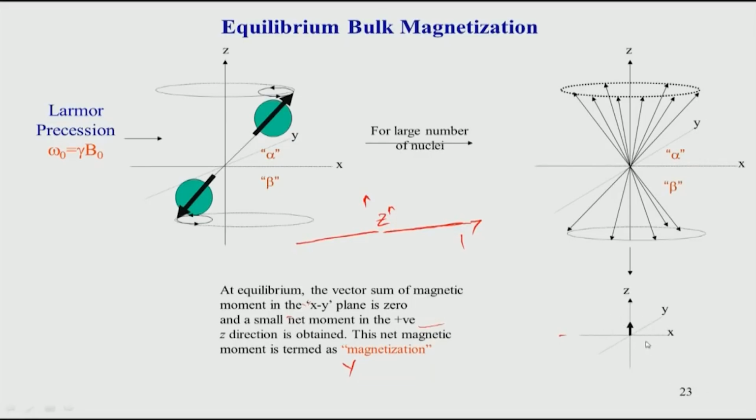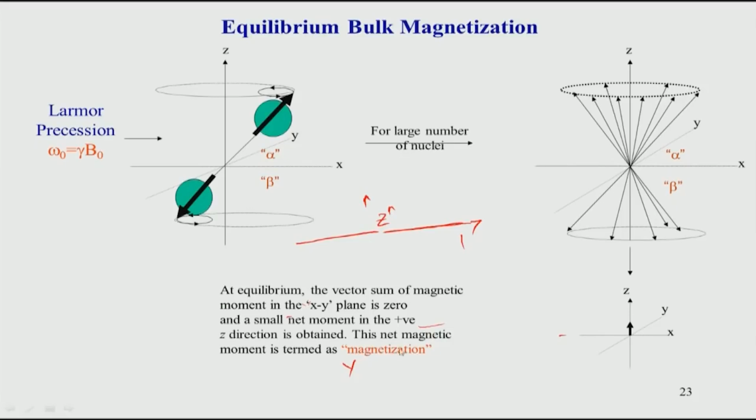The positive z values from the alpha spins cancel with whatever was in the beta, but these are not equal, because, according to the Boltzmann law, there are more molecules on this side compared to that side. Therefore there will not be exact cancellation of the z value, and the z value will be positive because more spins are up than down. This vector is called the net magnetization.